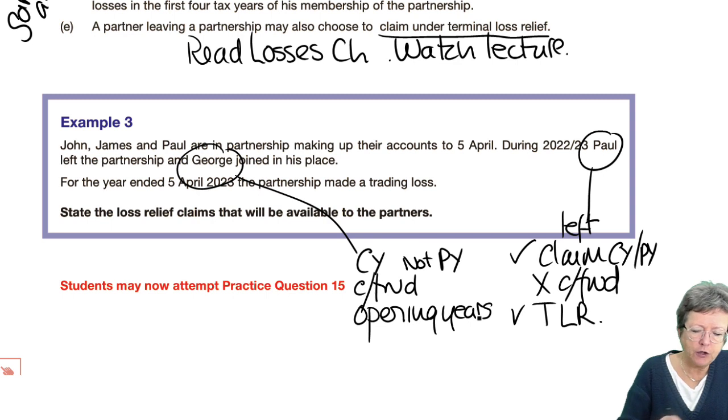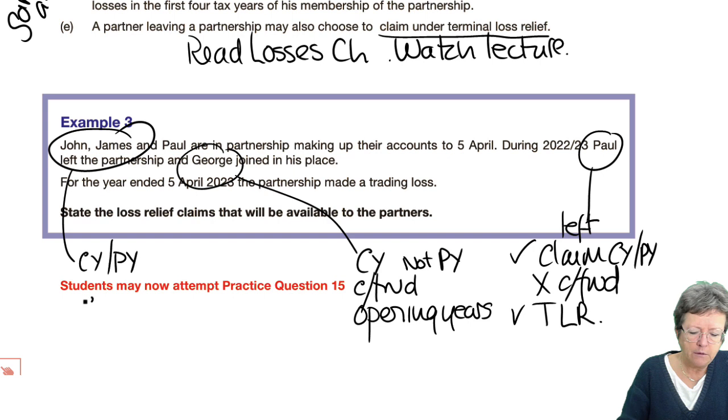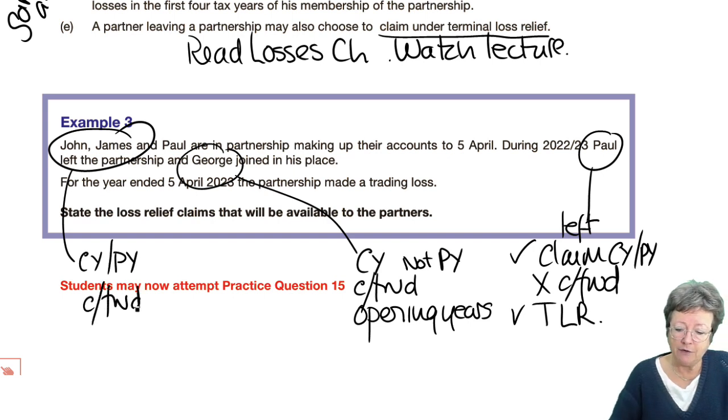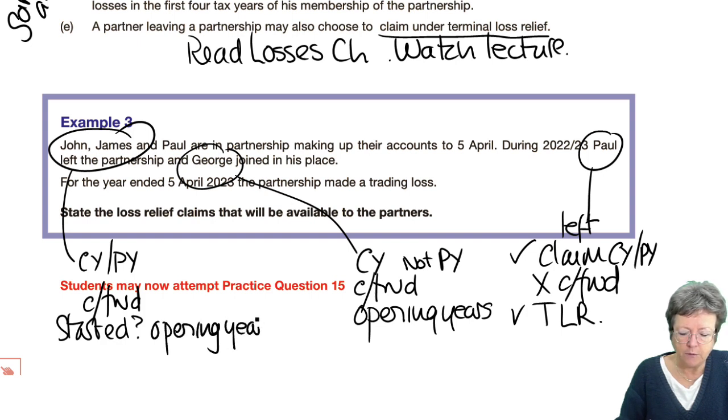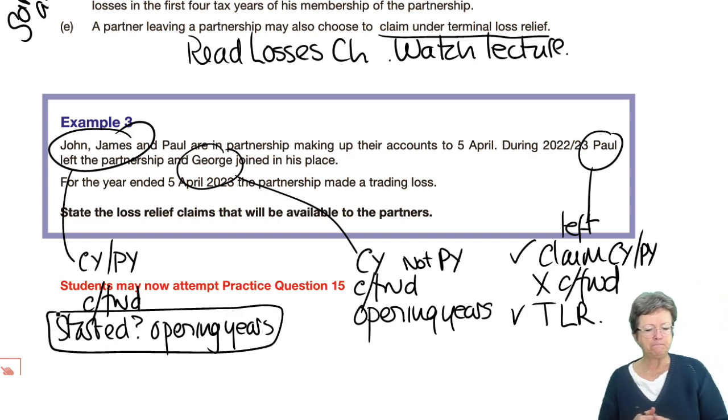Now these two, not three because Paul's left, current year, previous year, carry forward. And whenever they started, we don't know because the question doesn't ask. They could use the opening years, but we don't know when they started, so that's probably not applicable.